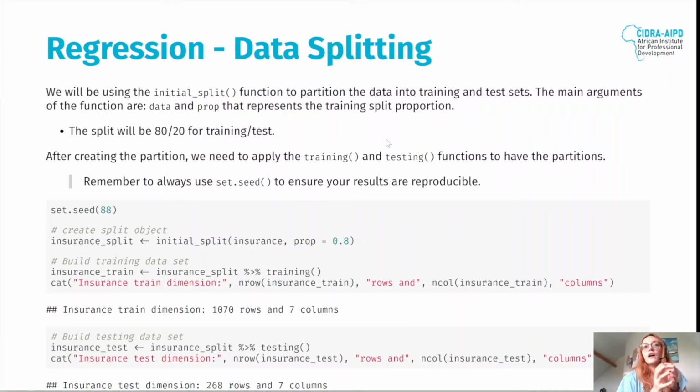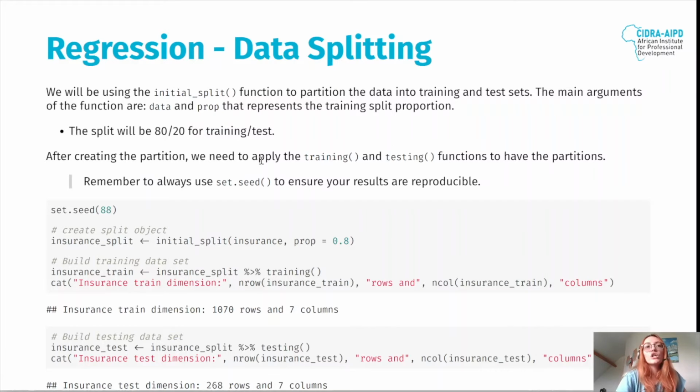That is a function that is going to partition the data for you into training and test sets. This function has two main arguments: the data, that is the data set you want to apply this split to, and the proportion, which is going to be a number between 0 and 1. So for the example, I'm gonna do an 80-20 split for training and test.